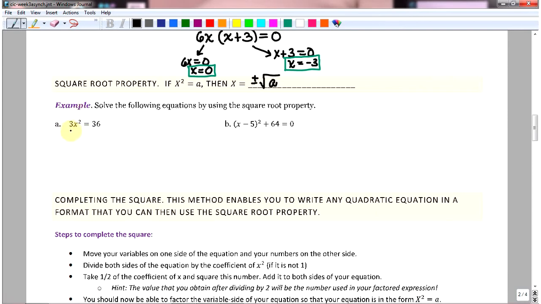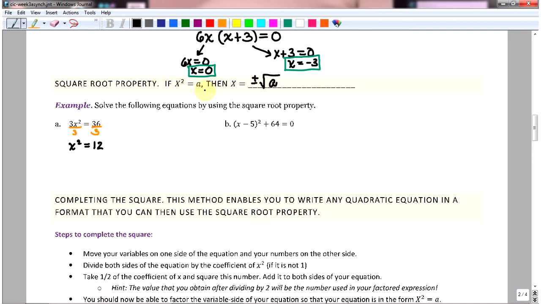So in part A, the first thing that we need to do is make sure that we have something squared on one side of the equation. So my first step is going to be to divide both sides by 3. Once we do that, we end up with x squared is equal to 12.